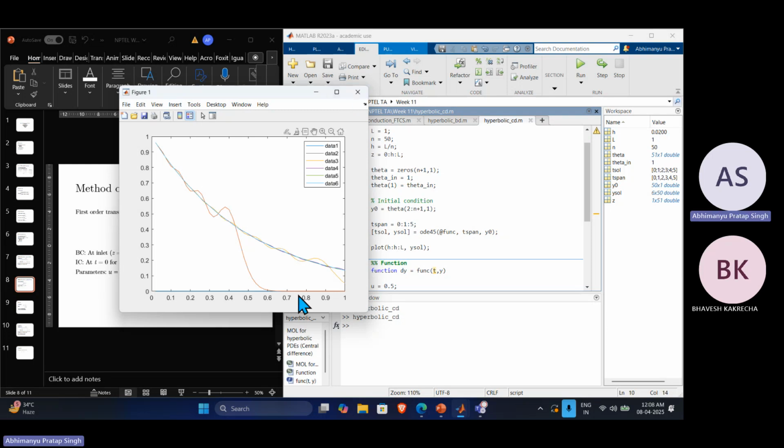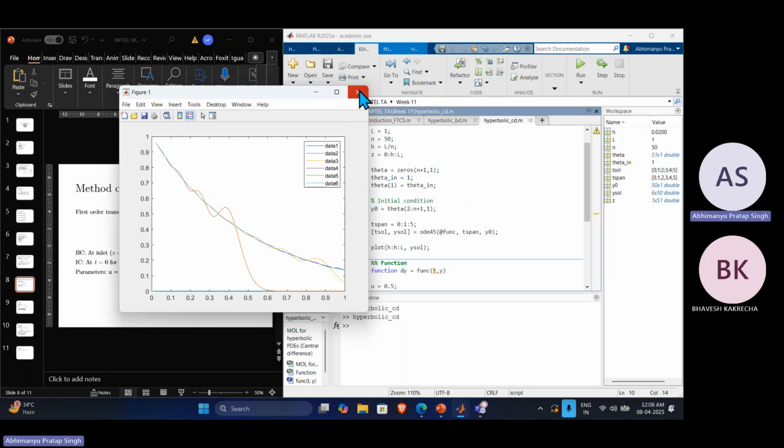So if you get a solution which is similar to this, that probably means that you are doing something wrong. Either the discretization scheme is wrong, or you have made some error in your overall function for the code, for the problem.